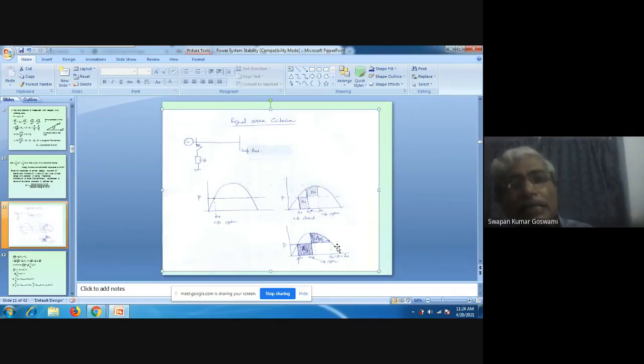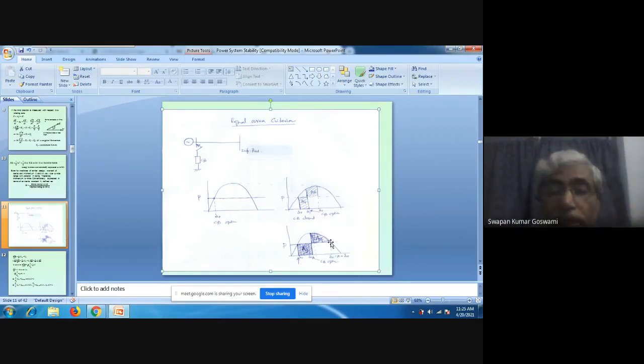And as it is becoming above synchronous, obviously delta will increase and output will decrease further. Output is decreasing, so the stored kinetic energy is further increasing. You see that output is decreasing, input is more. That means speed is gradually increasing, delta is increasing.